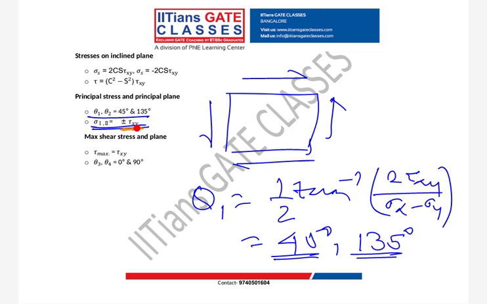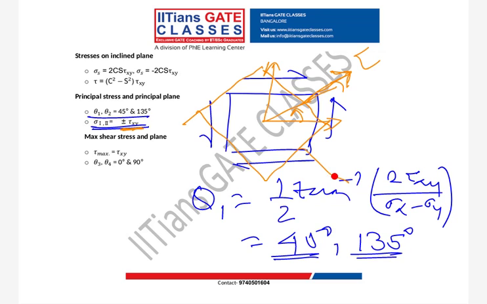Now if you draw the free body here, how will it look? It got rotated counterclockwise because theta is positive. So draw it. Here, what is my value? Plus tau.